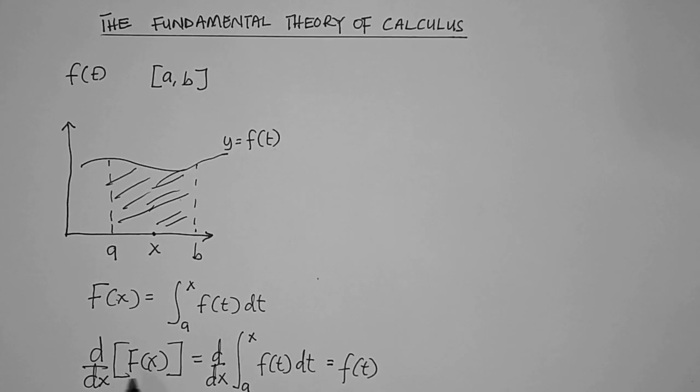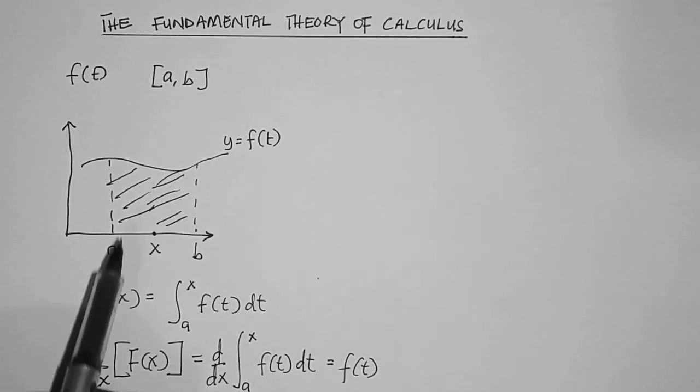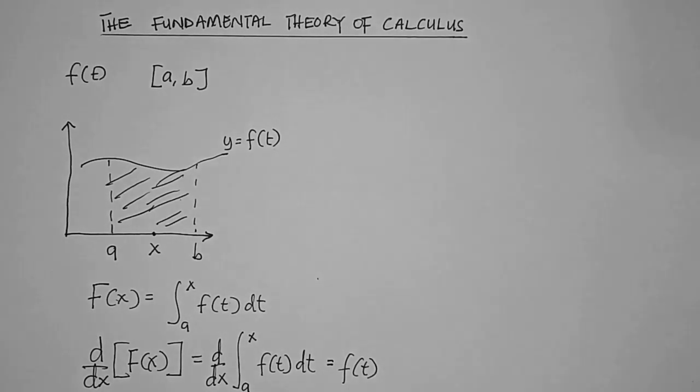In differential calculus, we talk about tangents, but in integral calculus, we are talking about areas and volumes. So what this means is that if you take the derivative of an antiderivative of a function, then the result is the function itself.